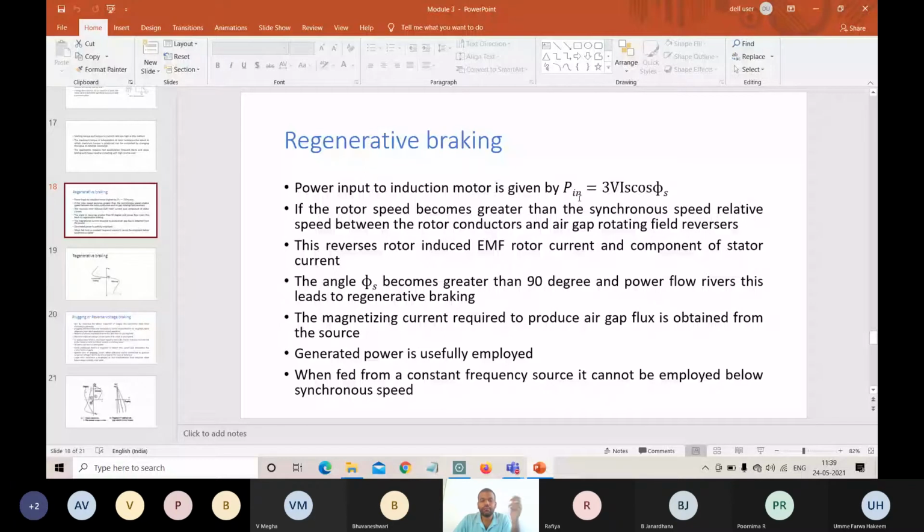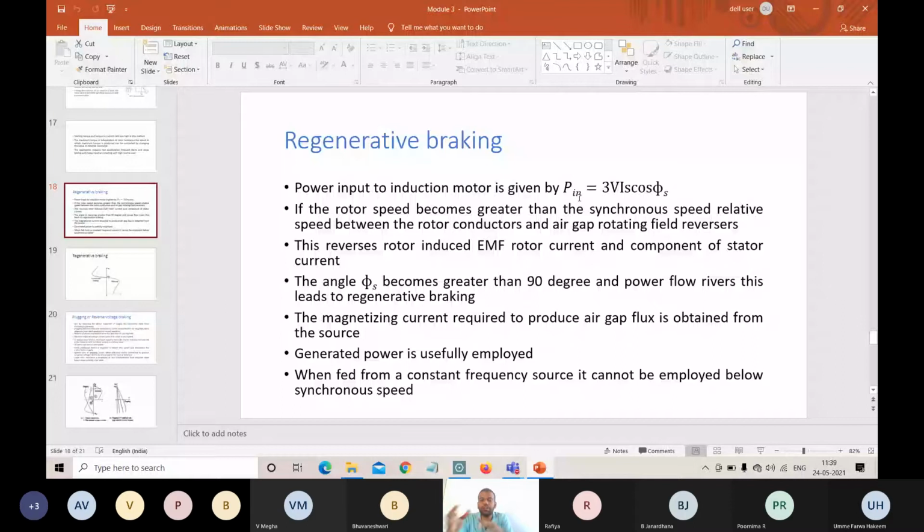So what happens when it is fed from a constant frequency source? The constant frequency source leads to generating a constant speed, and that speed is nothing but the synchronous speed.